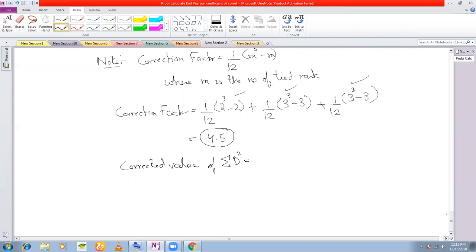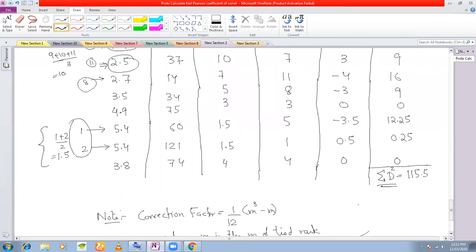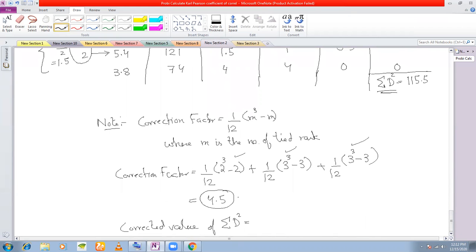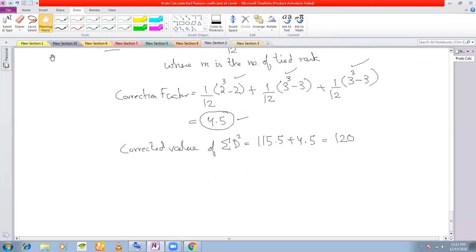With the sigma d square that we have got here, we add this correction factor. This is 115.5 plus 4.5. So you get how much? 120, right?